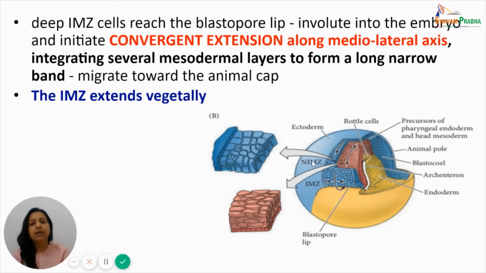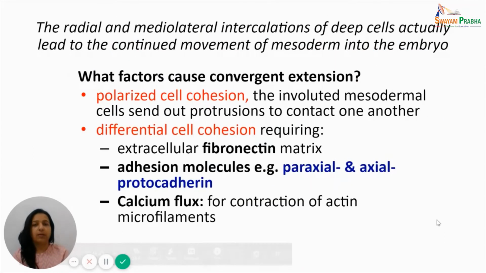As we see here, the NIMZ, or the non-involuting marginal zone, blue, as well as the involuting marginal zone, showing red here, are spreading by convergent extension. The radial and mediolateral intercalations of the deep IMZ cells actually are responsible for leading the continued movement of mesoderm to the inside of the embryo.